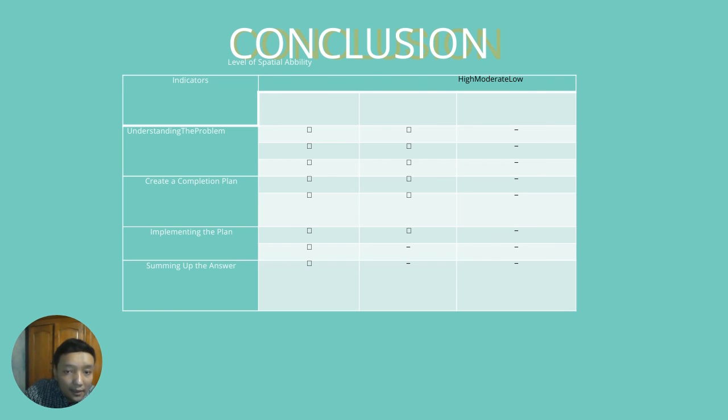And last, the conclusion. From the data and discussion presented by the researcher, the conclusion of this study is that students with high spatial intelligence have better math problem solving compared to students with moderate and low spatial intelligence.